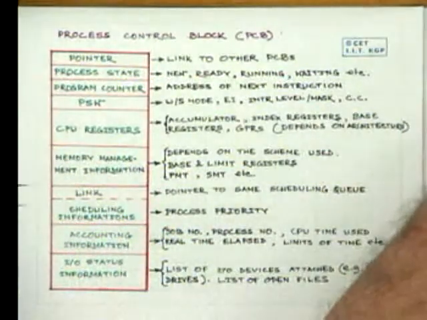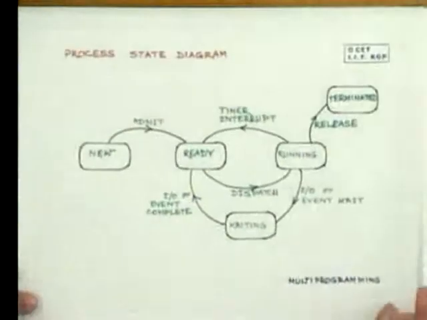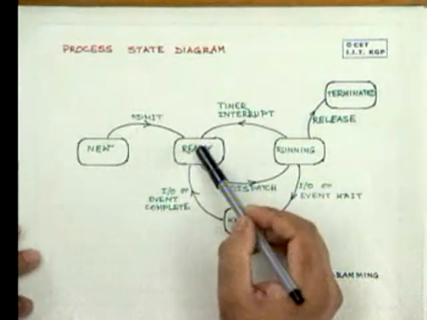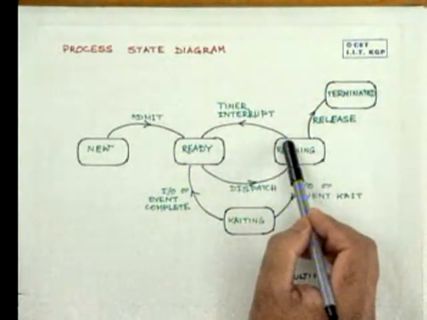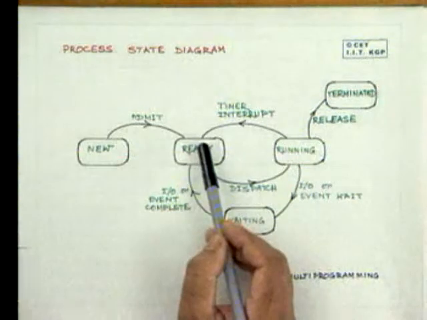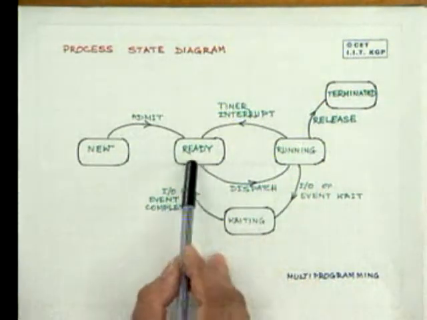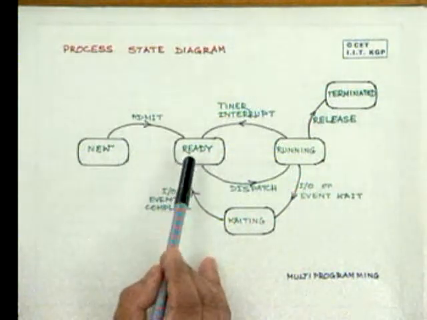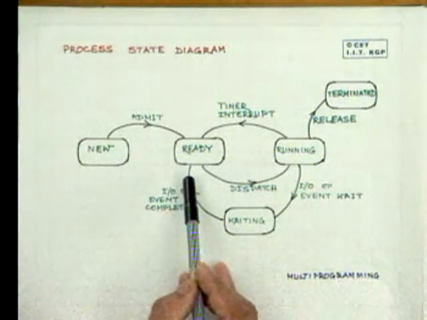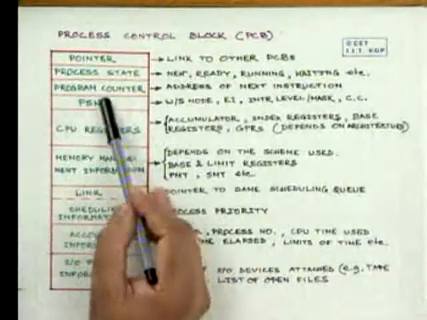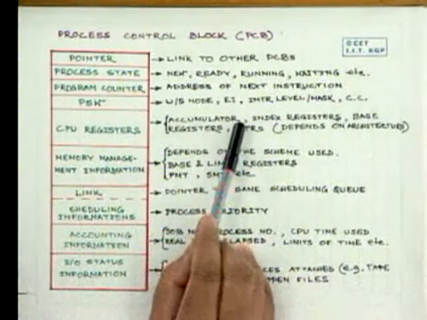And when another process has to be taken from the ready into the running state by means of the dispatch, then all this information for the corresponding process, that means the program counter, processor status word, registers, and memory management information, is to be taken from its process control block and loaded into the hardware registers.